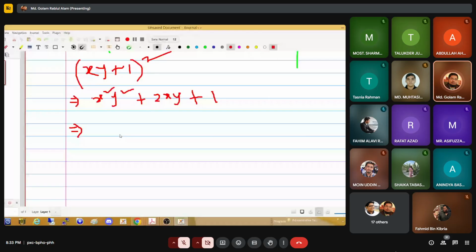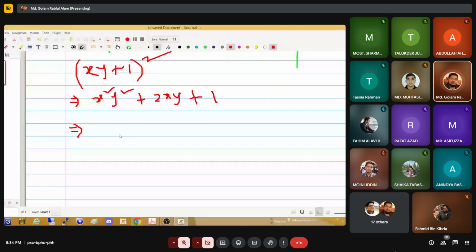Then we write it like square root of 2 and x, and then x square, and then 1.